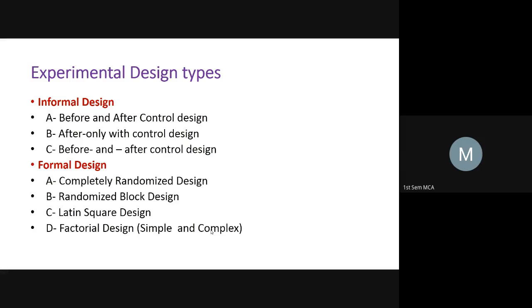By this time, Saruda told you there are different categories of research, like descriptive research, exploratory research, prescriptive research, empirical research, and evidence-based research. There are around 20 categories of research available in the research domain. So depending upon the type of research, a specific design can be used. Again, in factorial design, you have a simple factorial design and a complex factorial design.